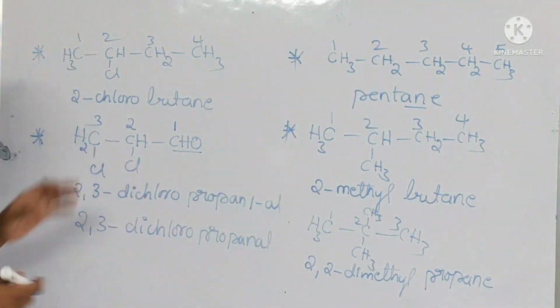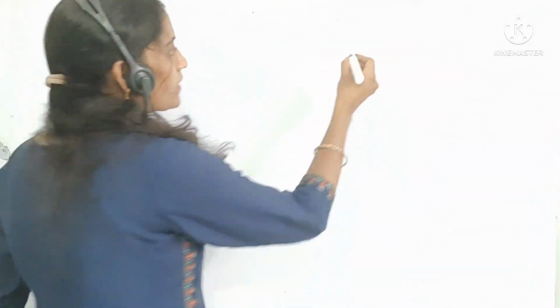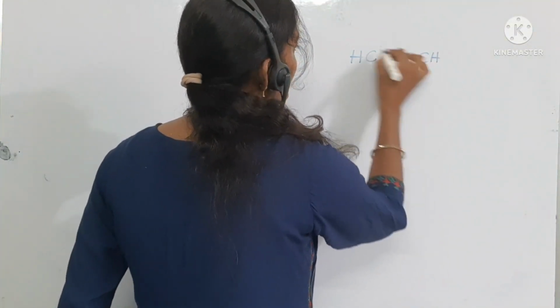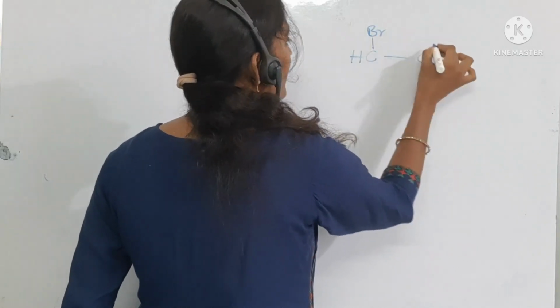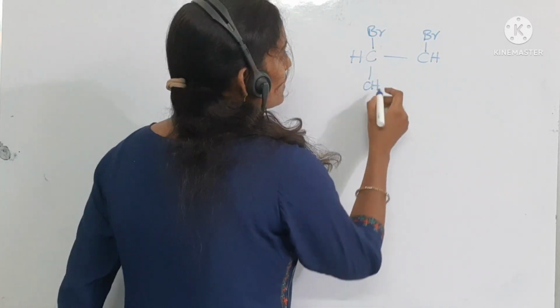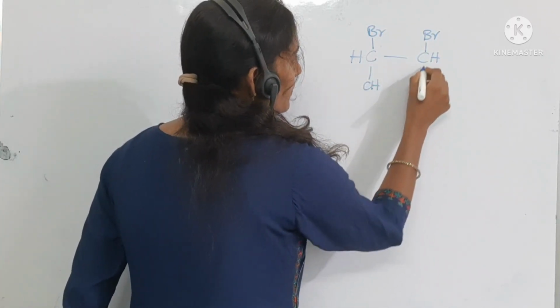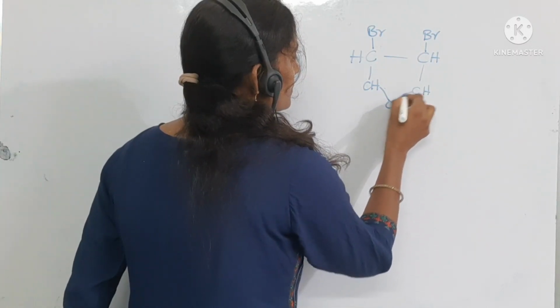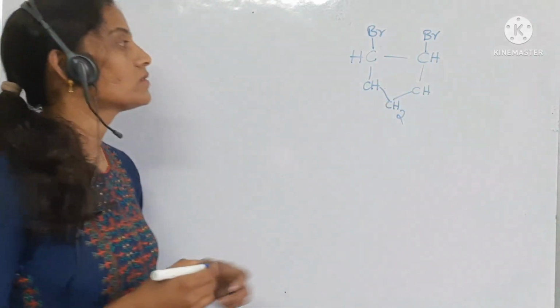Okay, we can see some more examples. One cyclic compound you can take. CH, single bond CH, bromine, and this one also attached to bromine. This is CH, and this one also CH, CH2, CH.